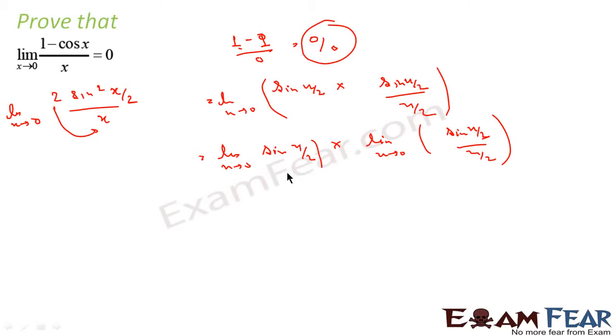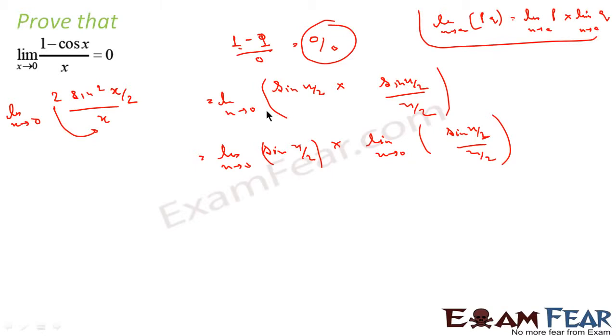Why? Because we know that limit of x tends to a of p into q is nothing but limit of x tends to a of p into limit of x tends to a of q. Same thing we have used here for these two values p and q.